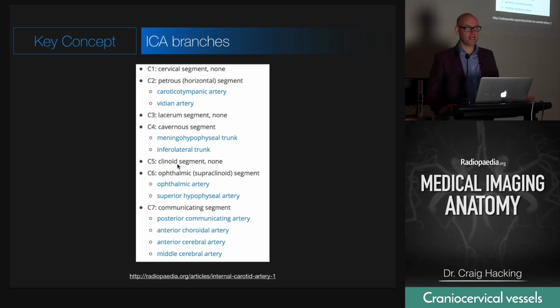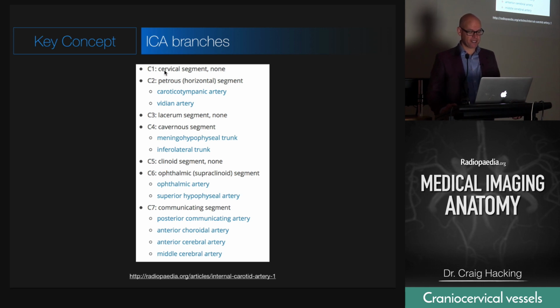The clinoid segment, as it curves up underneath the anterior clinoid processes. And then you've got the supraclinoid or the ophthalmic segment, and that's where the ophthalmic comes off. Also a branch to the pituitary. And then the last, terminal segment or the communicating segment, has 4 branches. The 2 terminal branches being the ACA goes medially and the MCA goes laterally. And then you've got the anterior choroidal artery, a really important artery, and the PCOM, which will go back and complete the circle of Willis.